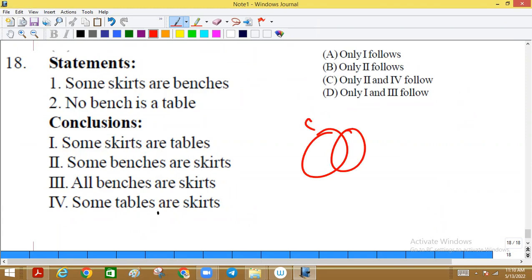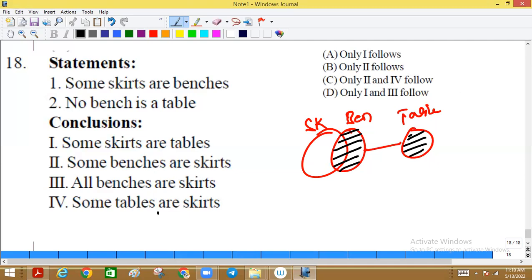No bench is table. Yes or no? I said that whenever there is a relation of no, always try to draw these lines. That is, no bench is table. I will tell why we have to draw lines. What's the importance of drawing these lines?